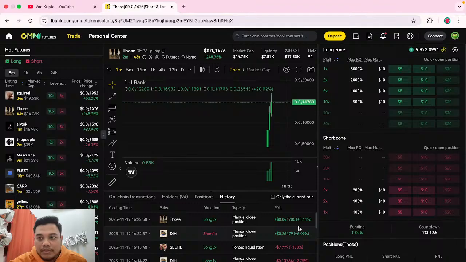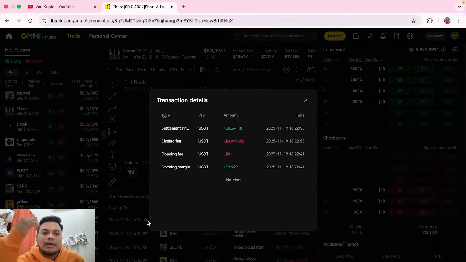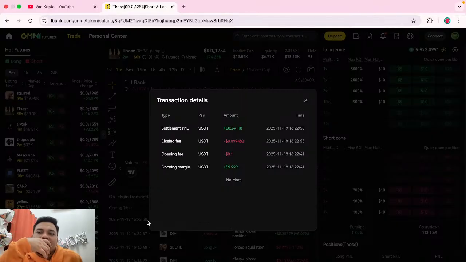Let's see how much we earned just now. How is it exactly? So I actually earned around $10, which is from my initial capital. The opening and closing fee was really small, and then I just earned like around 24 cents.